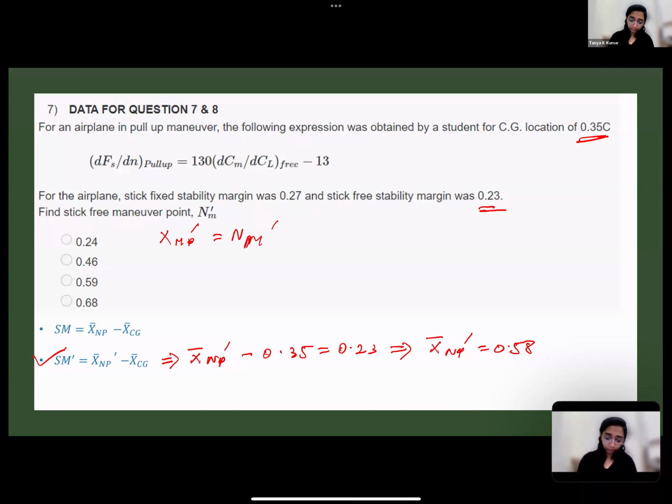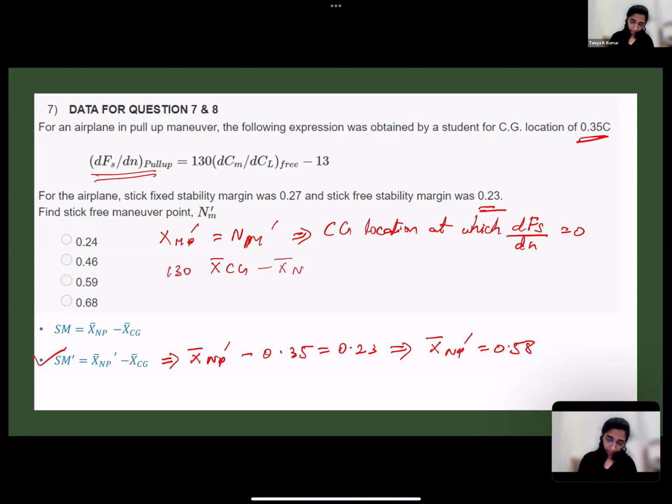So how do we find this? It is the CG location at which dFs by dn equals 0. Correct? You said this yourself. So we have the equation for dFs by dn. Set it to 0 and find the CG location. So 130 into X bar CG minus X bar NP prime for the free case, minus 13 equal to 0.